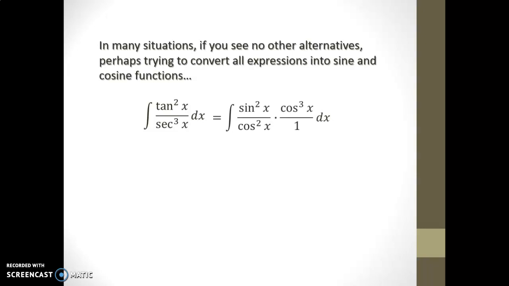We can, however, replace tan square of x by sine square over cos square, and if you remember that a secant is 1 over cos, then dividing by secant cube of x is like multiplying by cos cube of x. Coses are now common and can be simplified, leaving secant square x cos of x. And now a substitution would fit perfectly.